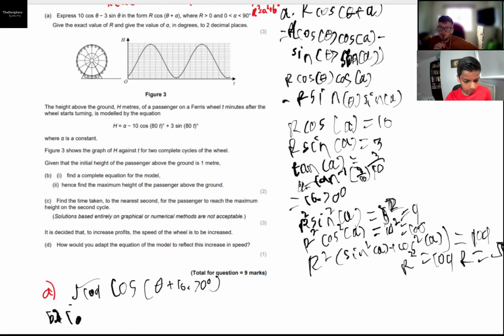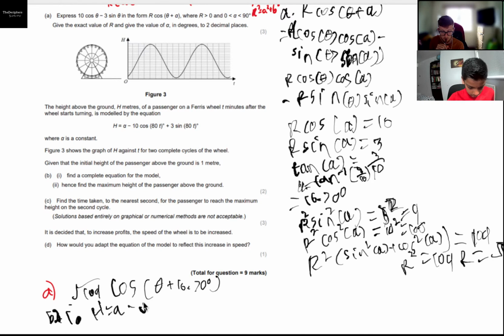Okay, so find a complete equation. h is a, and then we worked out that 10 cos 30t minus 3 sine 30t is root 109 cos of theta plus 16.7 degrees. So all we have to do is do that with a negative and using 30t instead of theta.